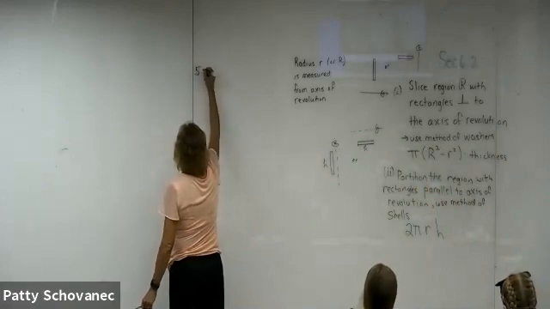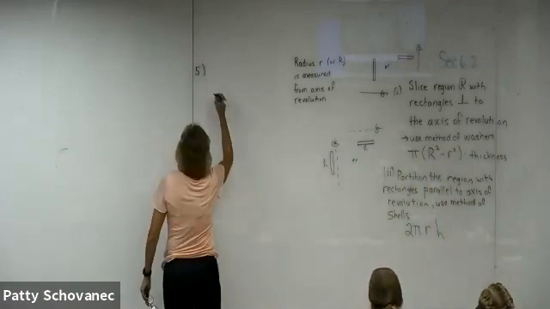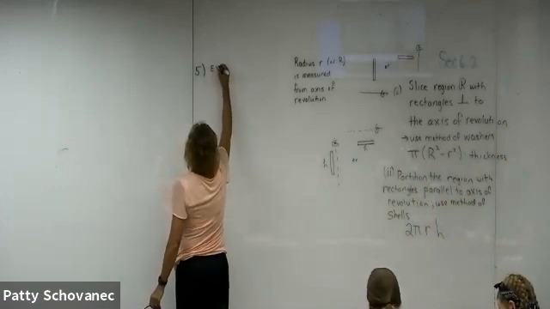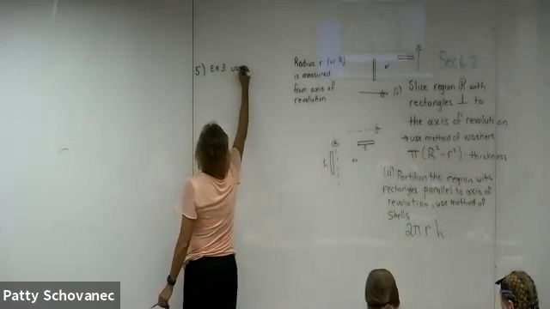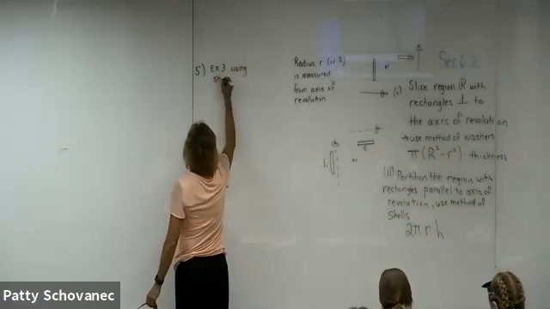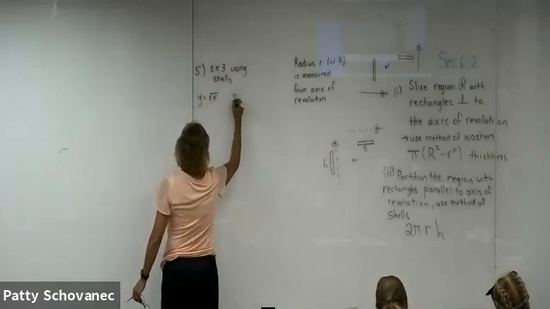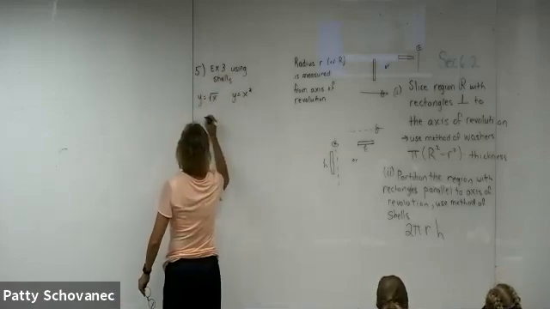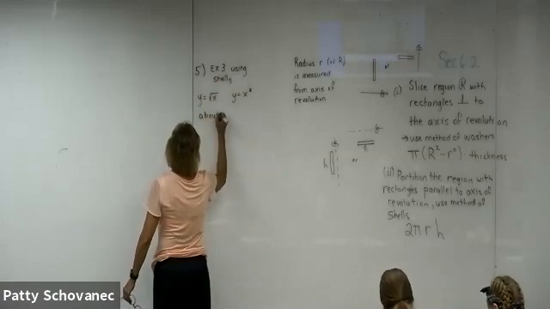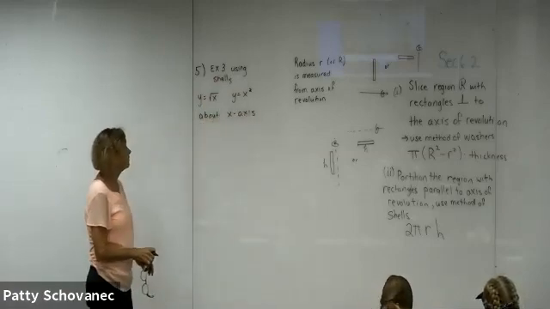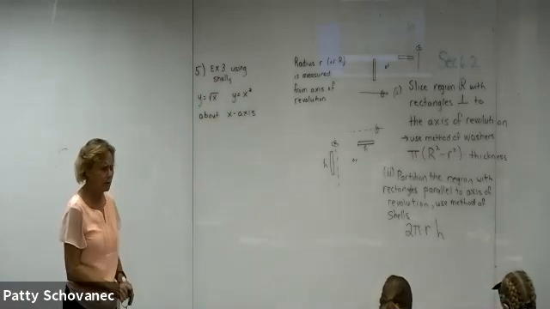Can you tell me what the region R looks like? And so it's example 3 using shells. It's y equals the square root of x and y equals x squared, about the x-axis. We did that by the method of washers last time.